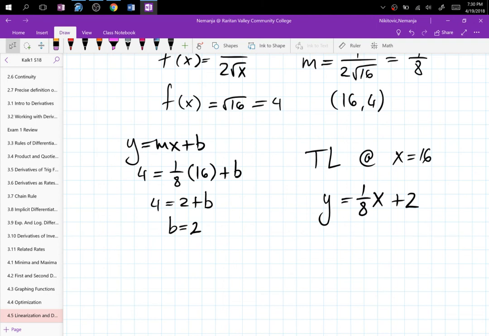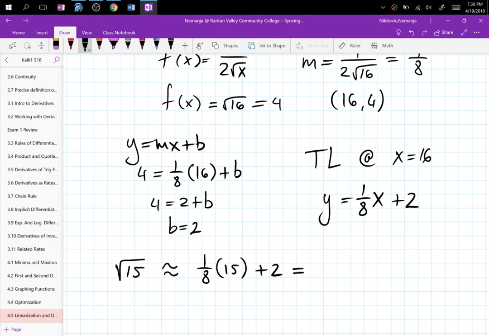This is what this is important for, right? We are going to find that square root of 15 is approximated by 1 over 8 times 15 plus 2. You can do this calculation with a stick in the sand. You are dividing 15 by 8, and then you're adding 2 to the whole thing.